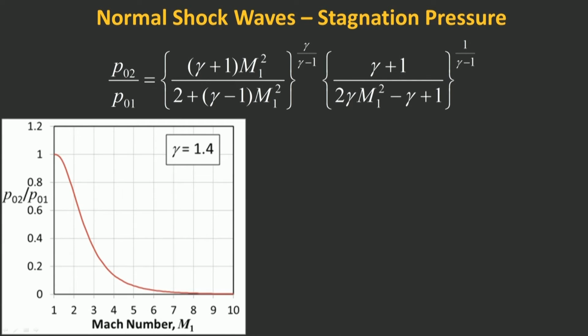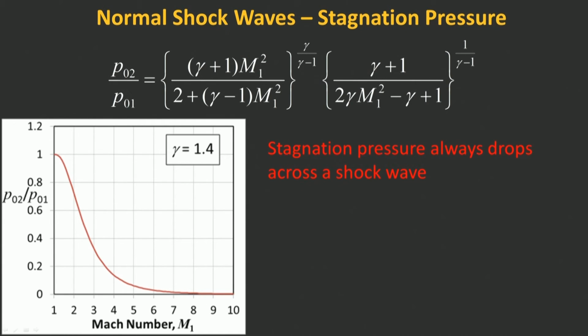Here is the stagnation pressure ratio across a normal shock wave plotted as a function of Mach number for a ratio of specific heats of 1.4. The Mach number is ranging from 1 to 10 and the stagnation pressure ratio is ranging from 0 to 1.2. The first point to note is that the stagnation pressure always decreases across a shock wave.